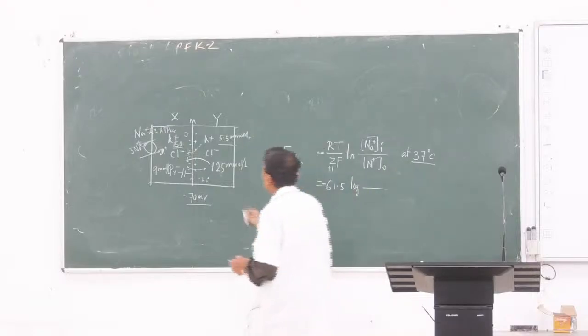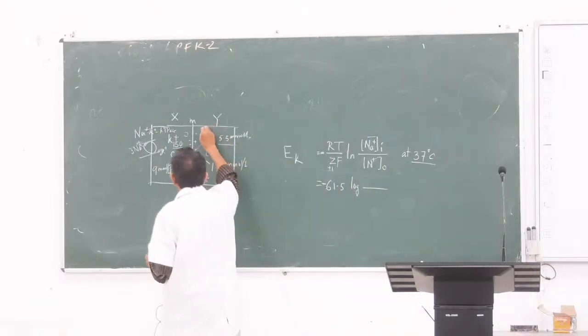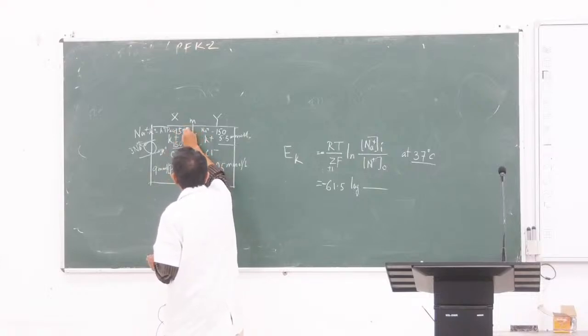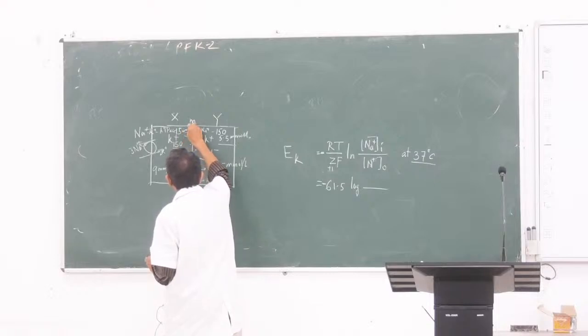So sodium ion concentration outside is 150, and suppose inside it is 15 or so millimole per liter.